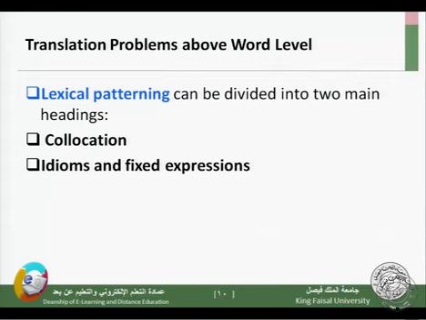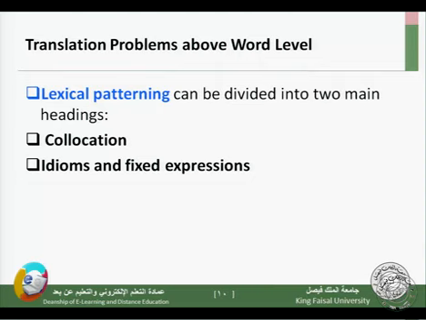So far, I have explained to you the lexical problems at morpheme level and at word level, very briefly. Now we move to a higher level, called above word level.